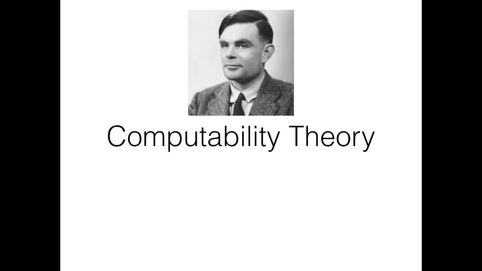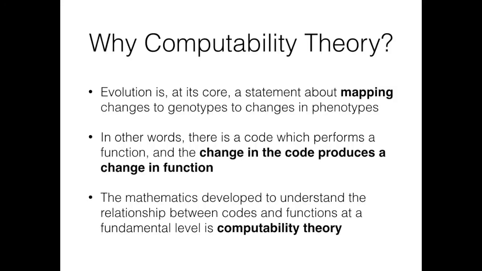Okay, so to do that, I go to computability theory. I'm a programmer. That's where I always run home to. That's a nice little picture of Alan Turing. So, why computability theory? Well, evolution, at its core, is about mapping genotypes to phenotypes, and specifically mapping changes in genotypes to changes in phenotypes. Genotype is what the genes say, phenotype is what the organism actually does.